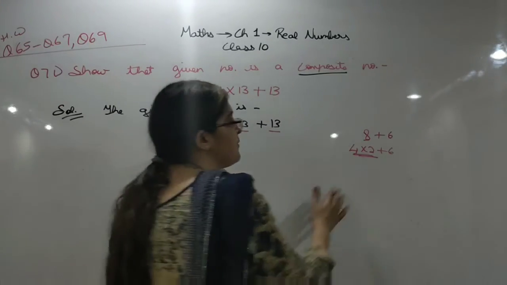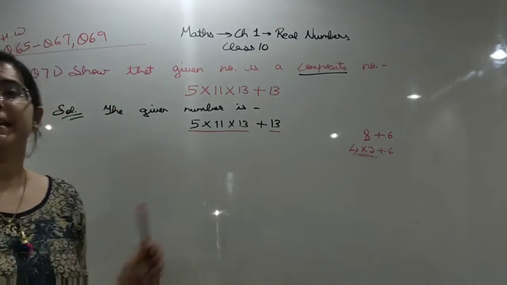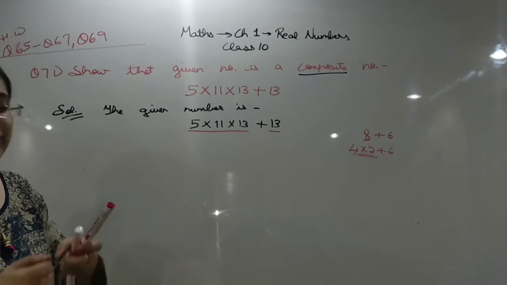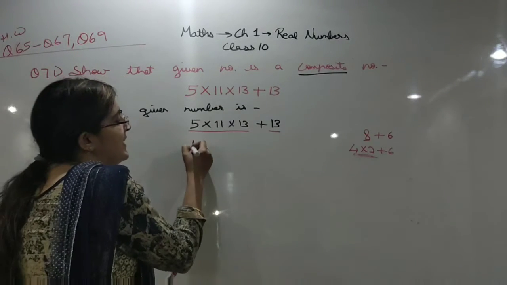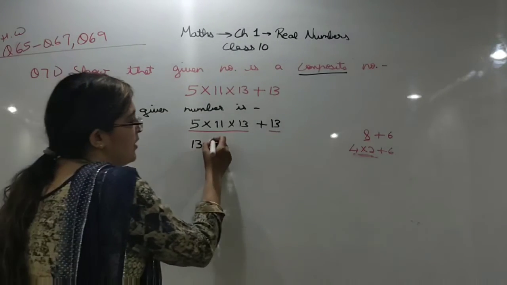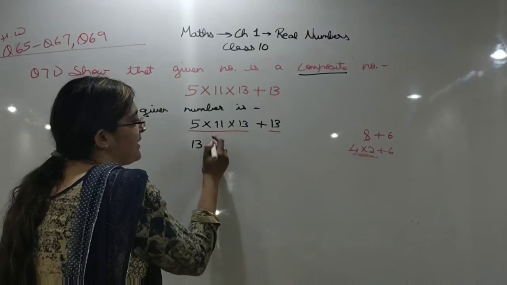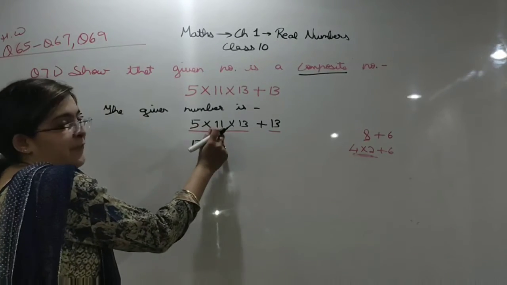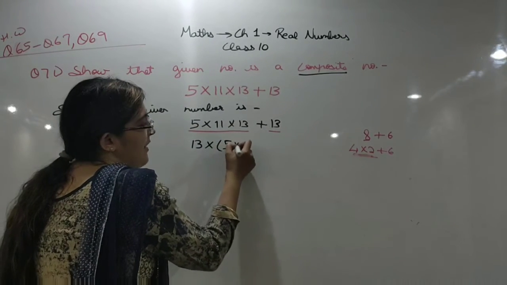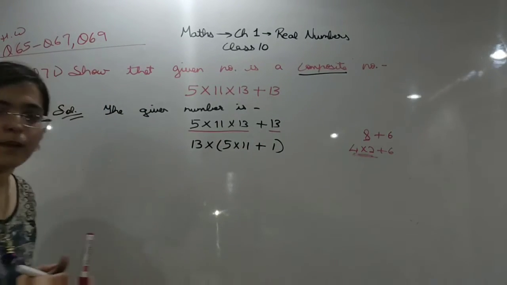So what will we do? See here, this is 1 term and this is 1 term. Is there anything common in both of them? Yes, 13 is common. So we will write 13 outside. Then if we have taken 13 in common, what is left here? 5 into 11 plus what is left here? 1.